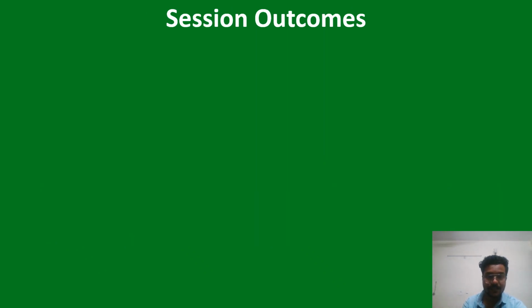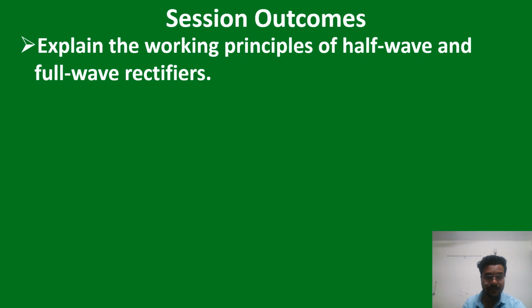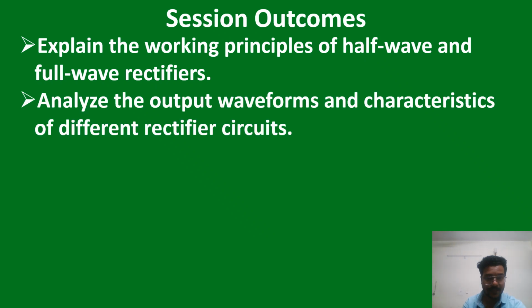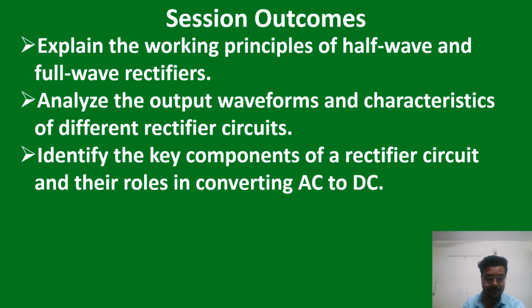In today's session we are going to learn different things, like explaining the working principle of half wave and full wave rectifiers. Basically, rectifiers are of two types, half wave rectifier and full wave rectifier. We will see these rectifiers in detail in a later slide, and we will also analyze the output waveform and characteristics of different rectifier circuits.